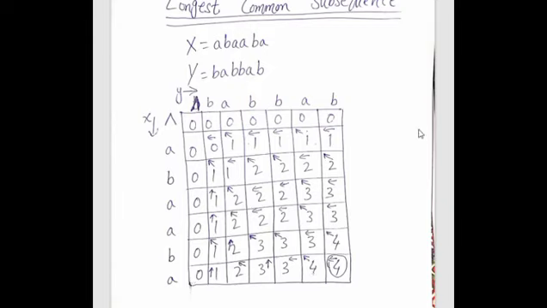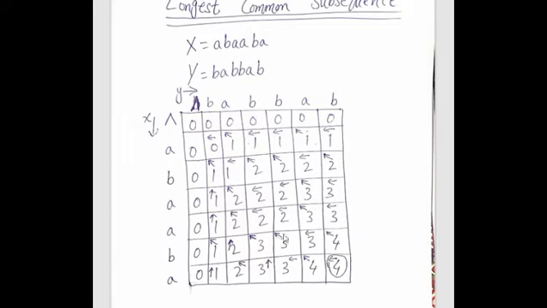So coming to this 3, we are getting this value 4 from the diagonal, so we will move to this diagonal 3. We are getting this value also from the diagonal, so we will compare it with the corresponding row and column; they are the same.